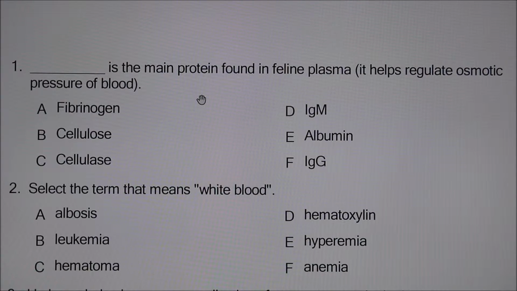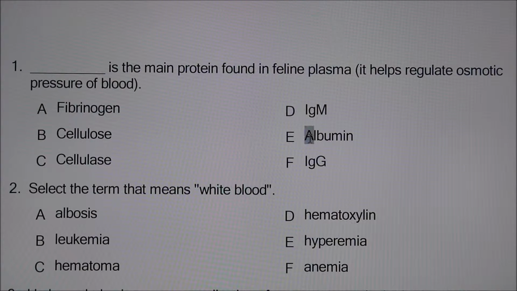So this question is looking for, and I know you can see my cursor there in the form of a hand move, what's the main protein found in, it says feline plasma, but that would be any mammal, and it helps osmotic pressure of the blood.